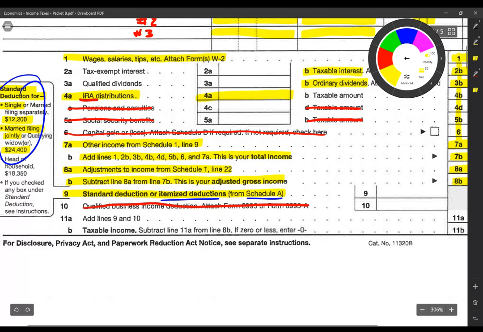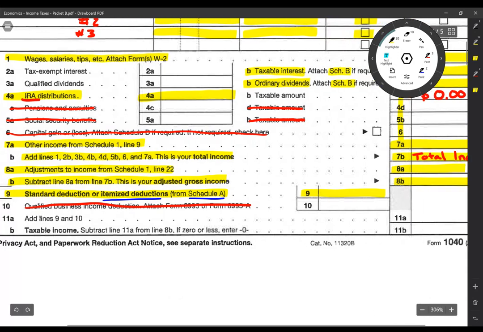Okay, so you would fill out this right here. Okay, add lines 9 and 10. Well, if line 10 is 0, then all you're going to do is copy line 9 over here to line 11A. And then 11B says taxable income. Subtract line 11A from 8B.